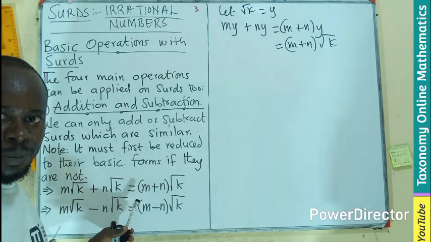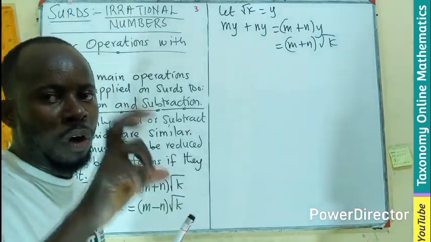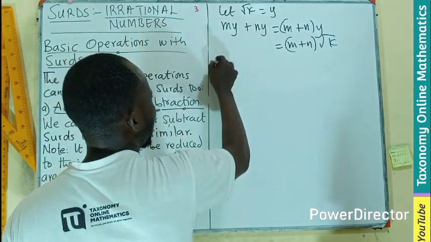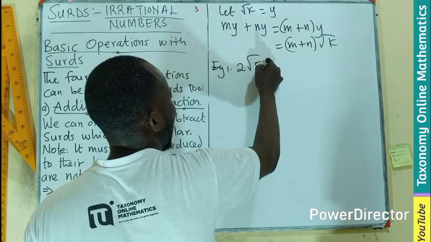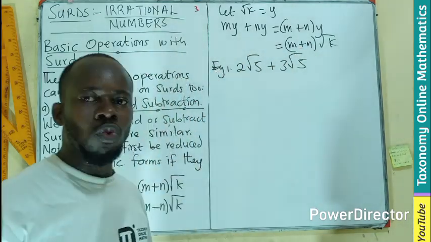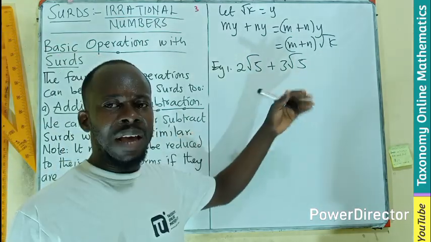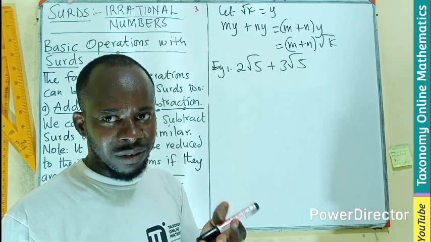So in addition, we just in our mind pick the root of the radicand to be a variable. Let's say I'm giving example 1: 2 root 5 plus 3 root 5. I am giving this to add. In my mind, the root 5 are the similar surds, the radicands being the same.